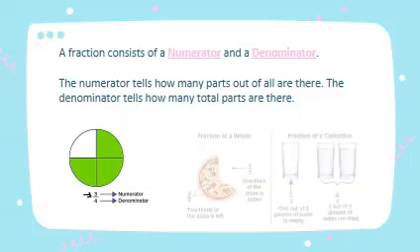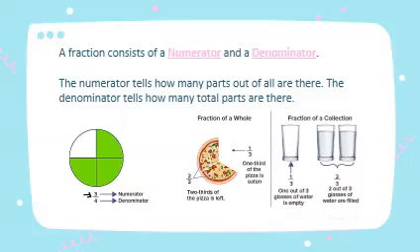Let us take another example. Suppose you have a pizza and you divide the pizza into 3 pieces. 2 out of 3 of the pizza is left, but 1 out of 3 of the pizza is eaten. So you can represent the pizza in 2 ways: either we represent the pieces eaten, or we represent the pieces left.